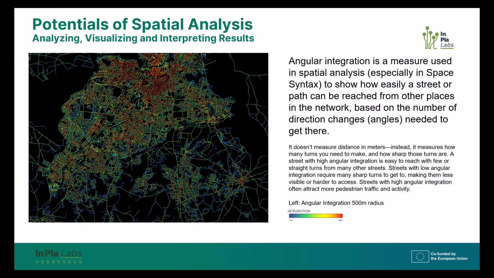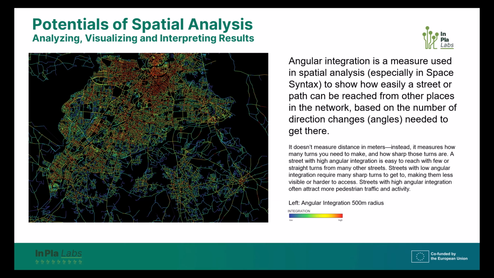People are much more likely to follow the simplest path, with the least changes of direction and least angle. Usually angular integration is represented, as we see here, with a heat map where blue is low integration and red is high integration.